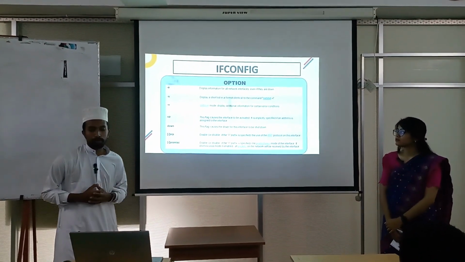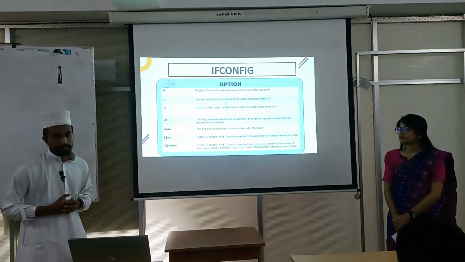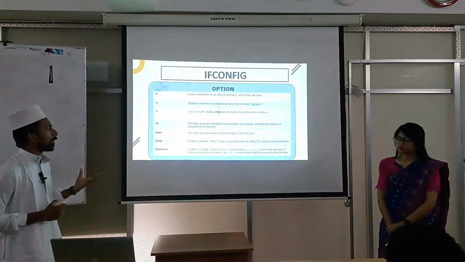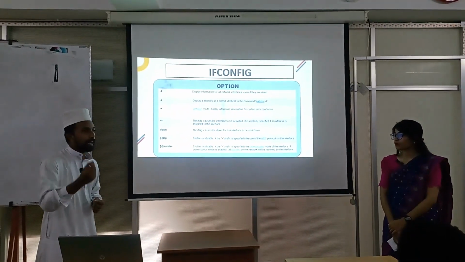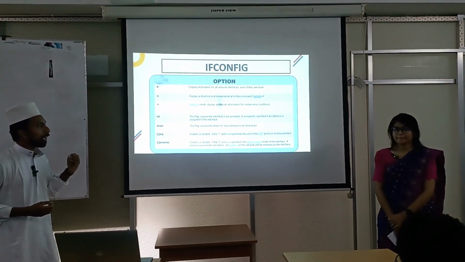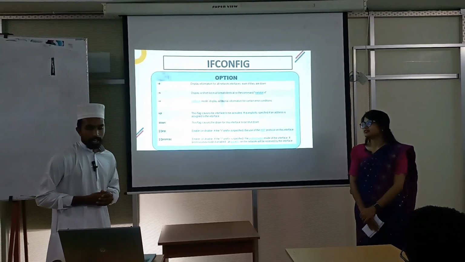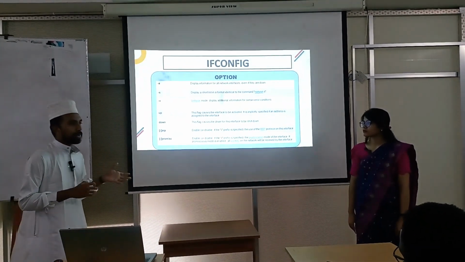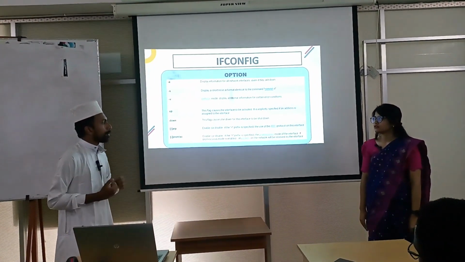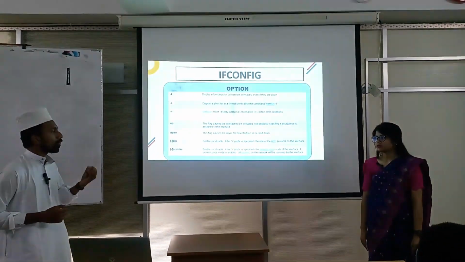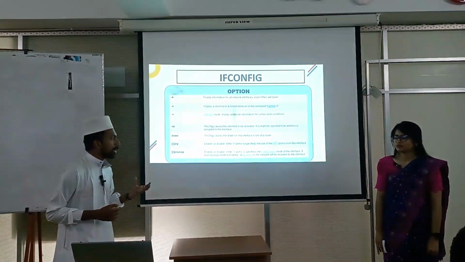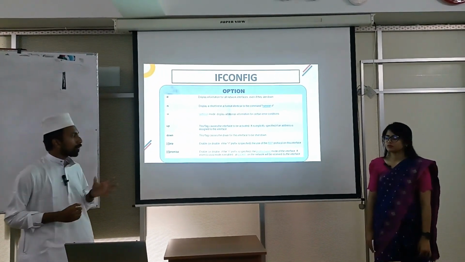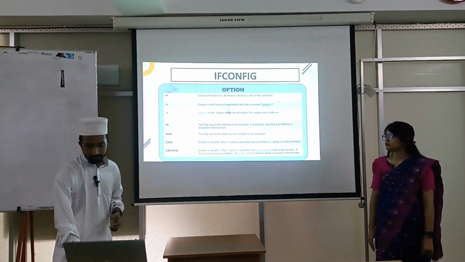ARP enables or disables the use of the ARP protocol on the interface. Promisc is promiscuous mode: if enabled, the interface receives all packets on the network regardless of destination.